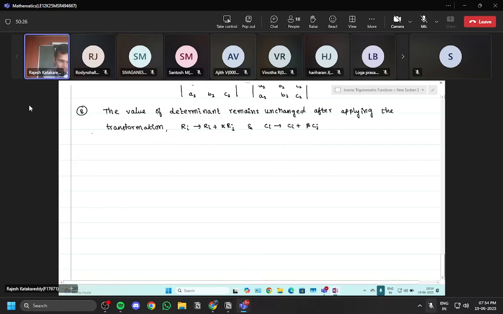So now, let us take delta is equal to determinant of A1, B1, C1, A2, B2, C2, A3, B3, C3. So what is my claim over here? Even though after applying the row operation, R1 changes to R1 plus 2 times R2, the value of determinant remains unchanged.